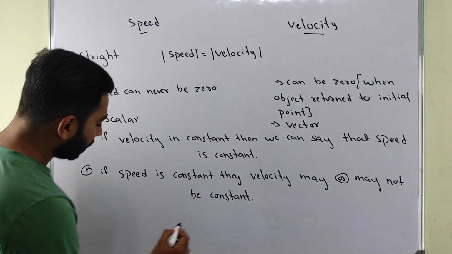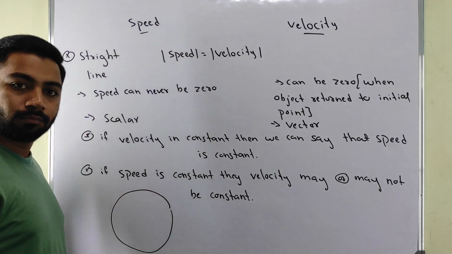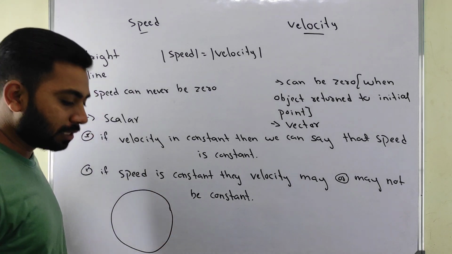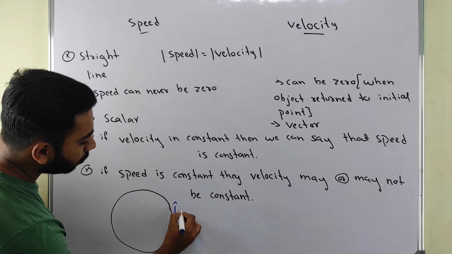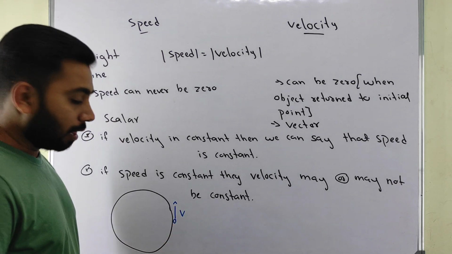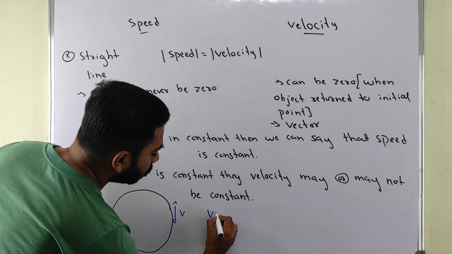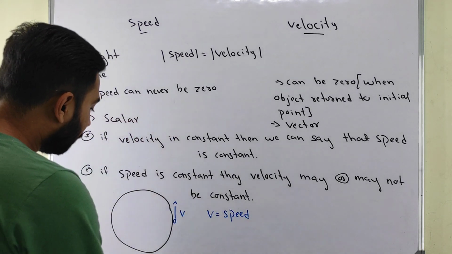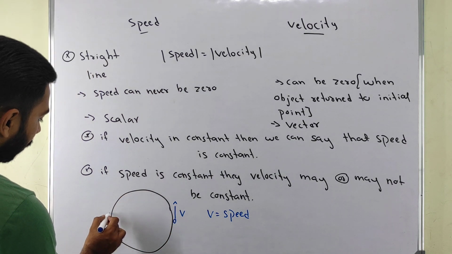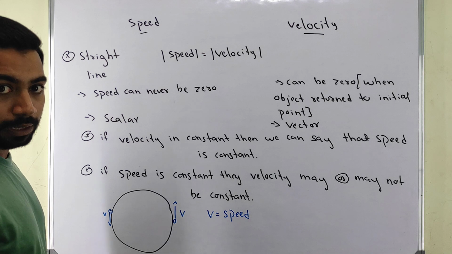See, for example, you have a motion of a particle in a circle. Now in this, our particle is moving in this direction, suppose with constant speed v. V is equal to speed. When the particle moves from here to here, its speed will also be v only.